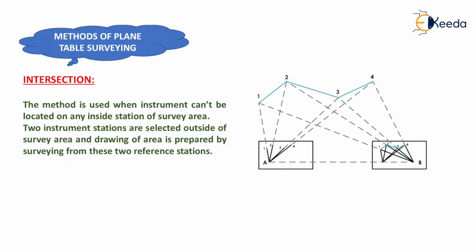Now the next method is the intersection method. Now this method is used when the instrument cannot be located on any inside station of the survey area. Now there is a limitation in this method that we cannot place the instrument inside the survey area. So what we will do? We will select two instrument stations outside of the survey area, and the drawing of the area is prepared by surveying from these two reference points.